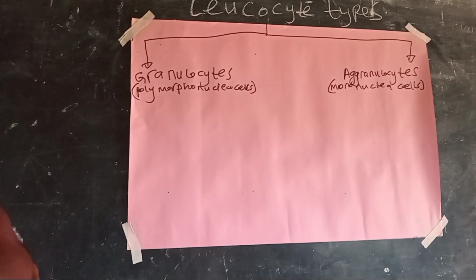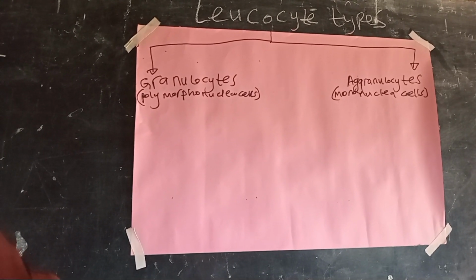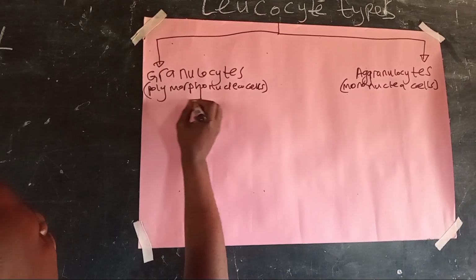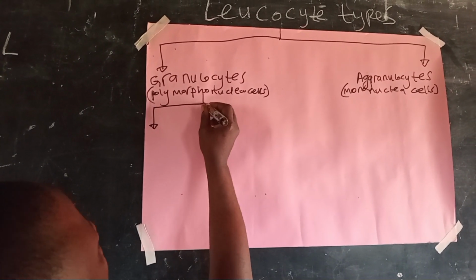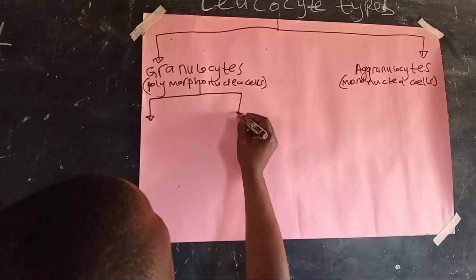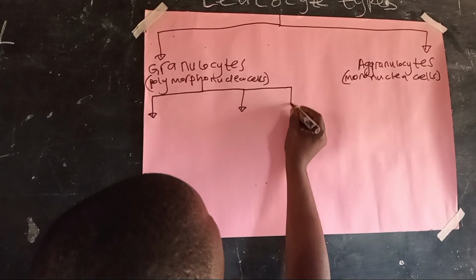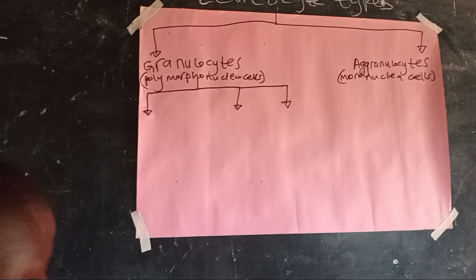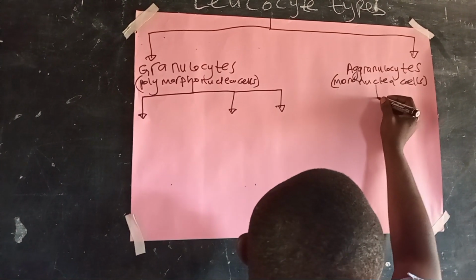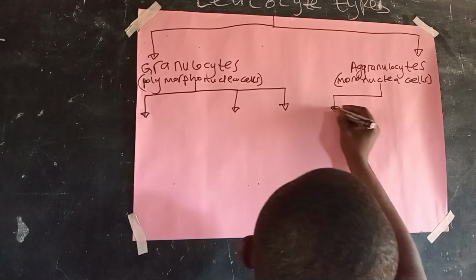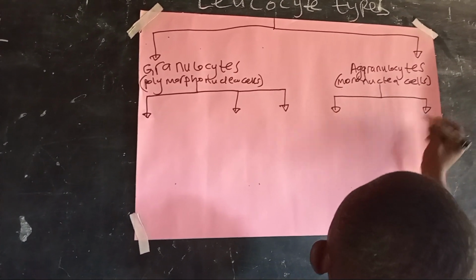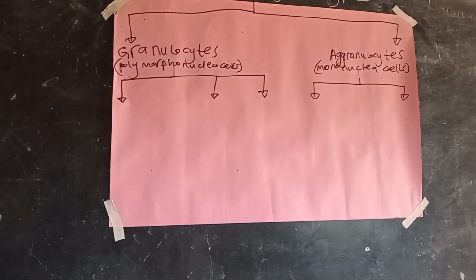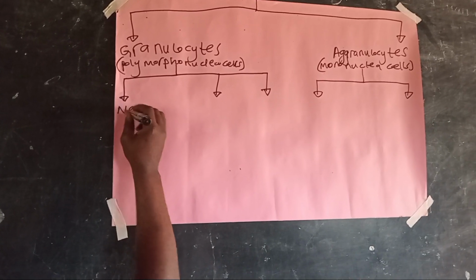So here let us start to see the different types, because the granulocytes are further divided into three subtypes, while the agranulocytes are divided into two subtypes. The first type here is the neutrophil.